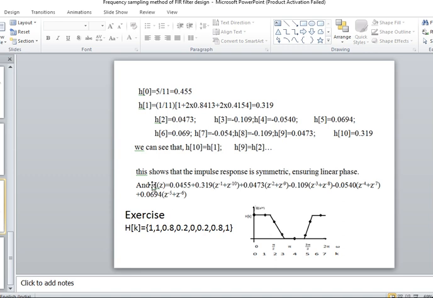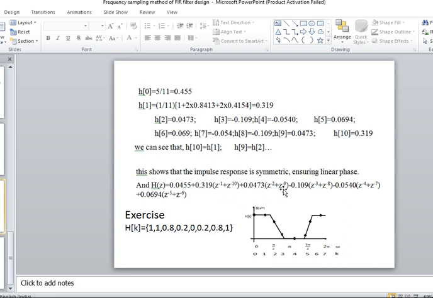And the corresponding transfer function H(z) will be h0 plus h1 z to the power minus 1 plus h2 z to the power minus 2, and so on, up to this term, which is actually h1 but we know it's the same as h10, so it's actually h10 z to the power minus 10.